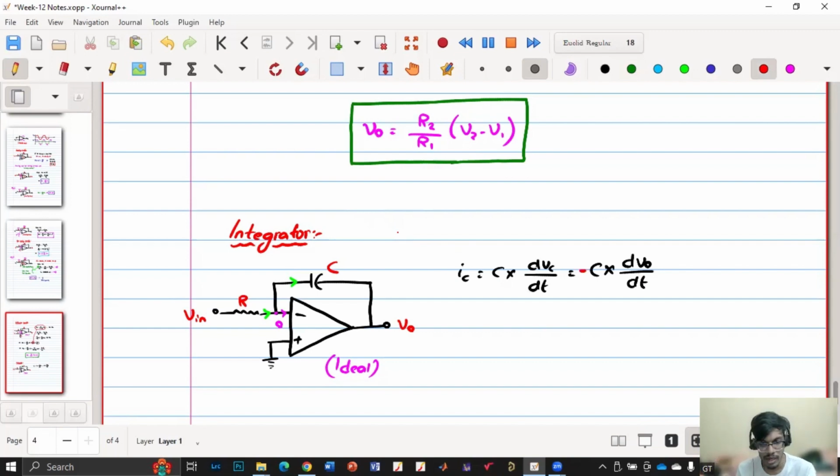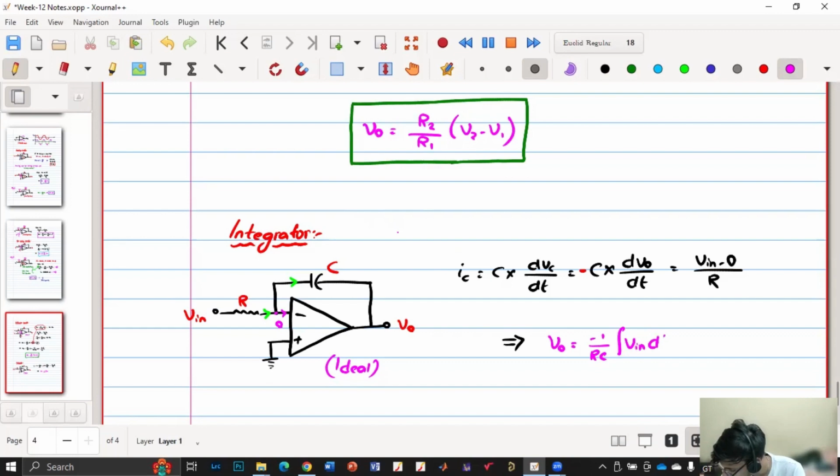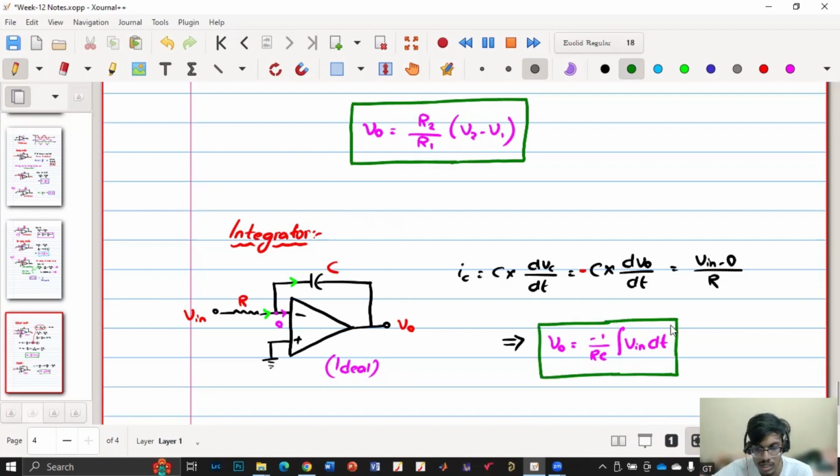V in minus 0 by R, right? So this equals V in minus 0 by R. So V naught is equal to minus 1 by RC integral V in dt. So the output is the integration of input. That's why it is called integrator, because it is minus 1 by RC into integral V in dt.